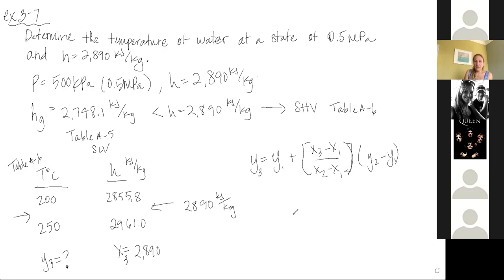So plugging and chugging this in, you get your temperature to be 216.25 degrees Celsius, which makes sense because that number is between 200 and 250, and it's a little bit closer to 200 than 250. Any questions?